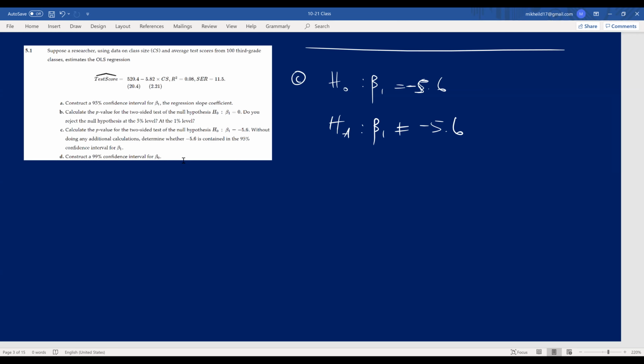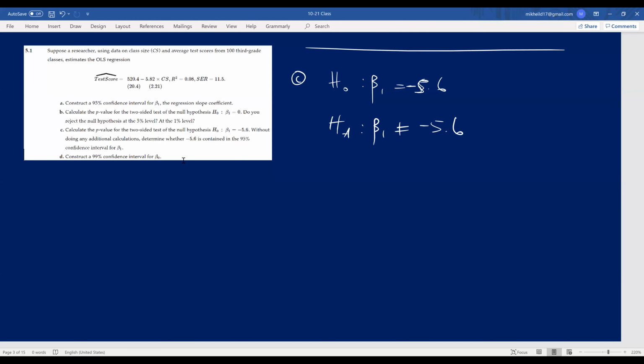Very good. So do you understand it? Others? Okay. Let me ask an additional question, and then I will go back. To the one who said that the hypothesized value 0 is not contained in the 95% confidence interval, can you tell me whether minus 5.6 will be in that interval?